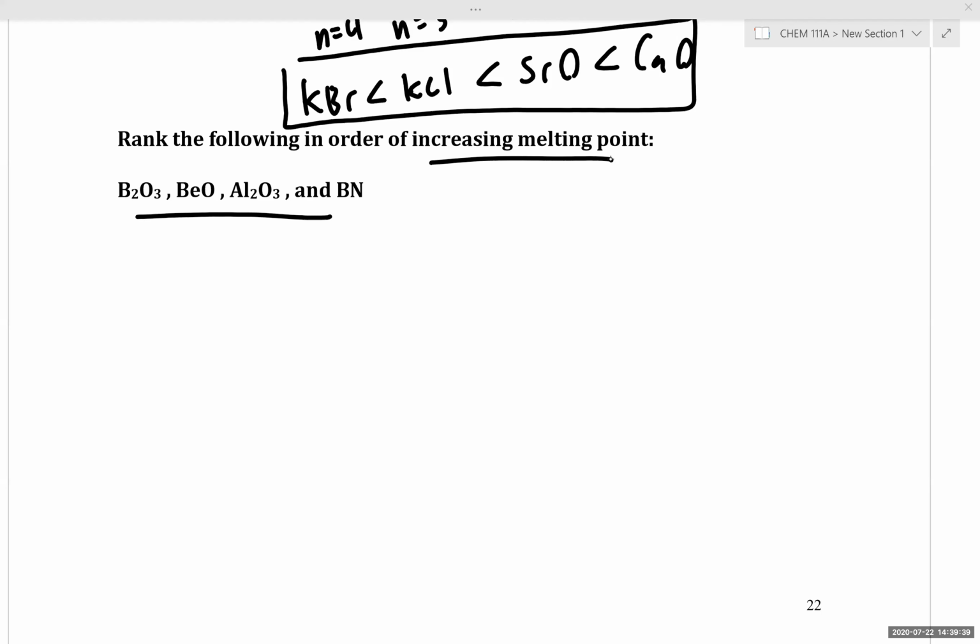We have to consider both of the ion charges and both of the ion sizes.